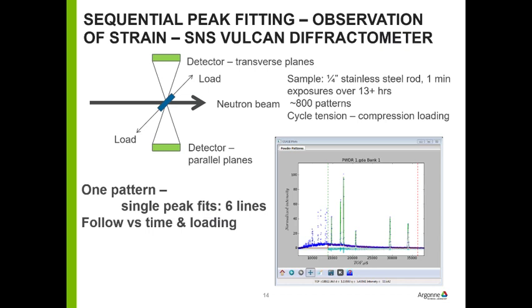Repeatedly, it was stressed by doing that. Here's the experimental layout. What you might expect to happen is that the peaks will shift one way and then the other way because of the load that you put on it. The intensities may vary for various reasons, and you can track all that by looking at single peak fits as a function of load in this case.